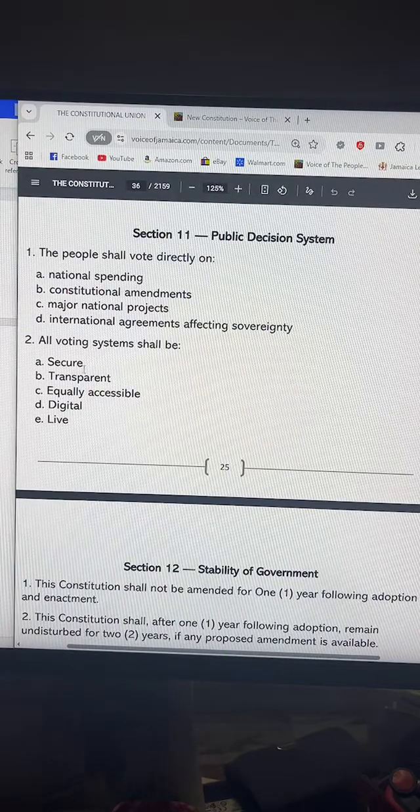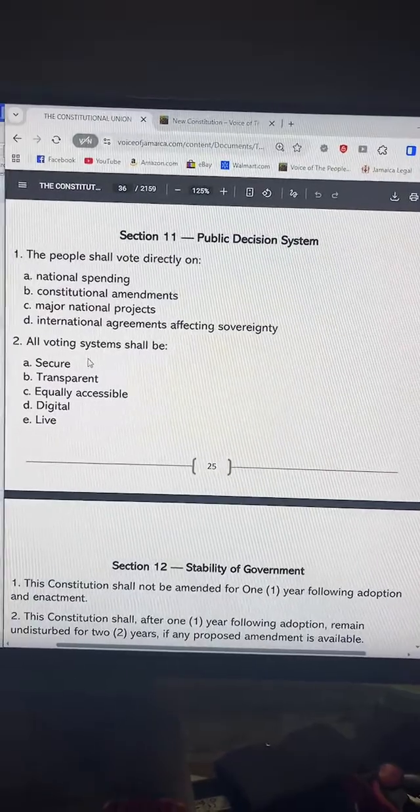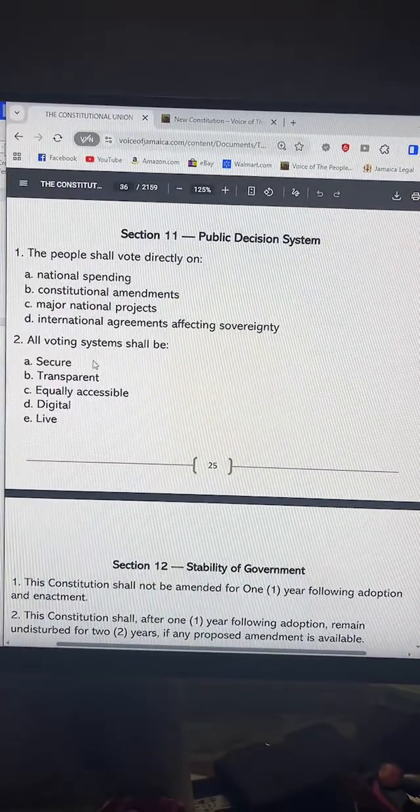Our current voting system, I don't have anything to say about it, right? But under this new constitution, we would have live voting. We wouldn't need to go back and count anything. It's strictly digital.